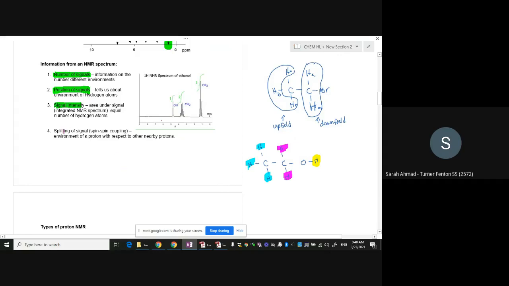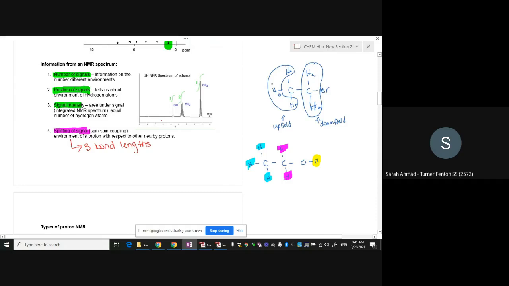The last one is where most people get very nervous. So the splitting of the signal. When you are 3 bond lengths away, you can split or impact the nuclei of a neighboring proton.